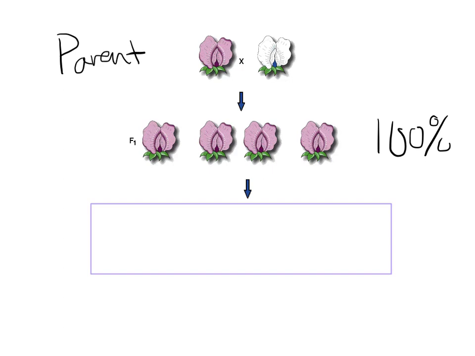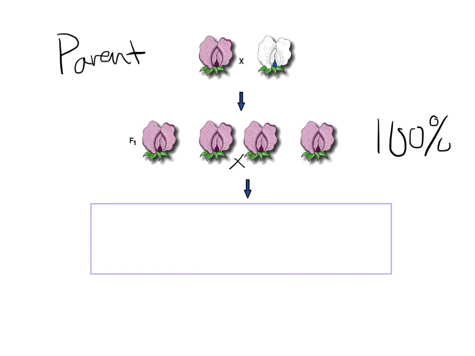So now Gregor Mendel was like, what will happen if I take two pea plants from this generation, from the F1 generation, and I cross them together, I mate them together. So I'll put a little cross in there and we'll mate these two pea plants together. I mean, what would you predict to happen?